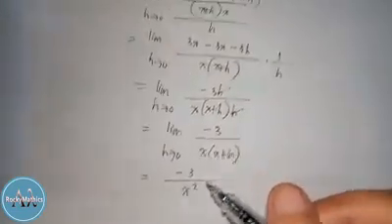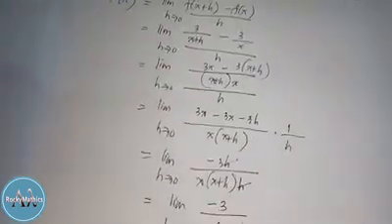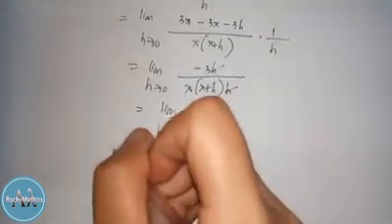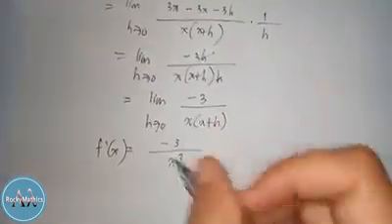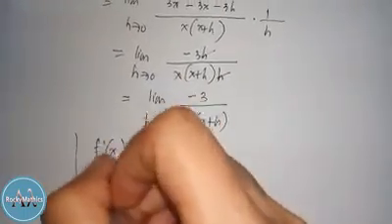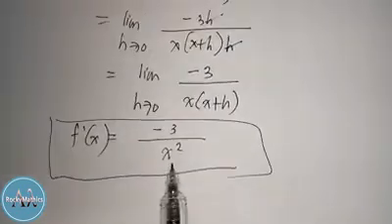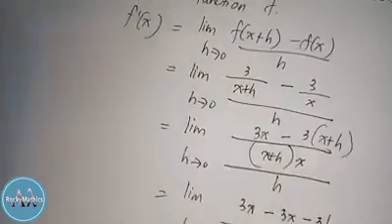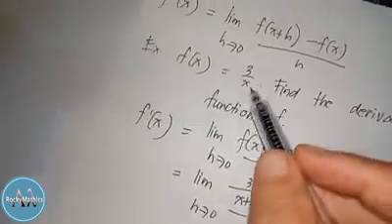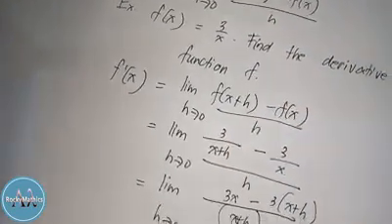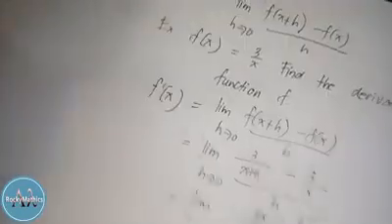In other words, the derivative of the given function 3 over x is negative 3 over x squared. So this is now the derivative of the given function 3 over x.